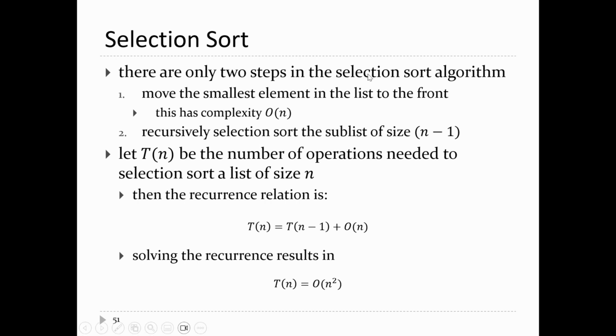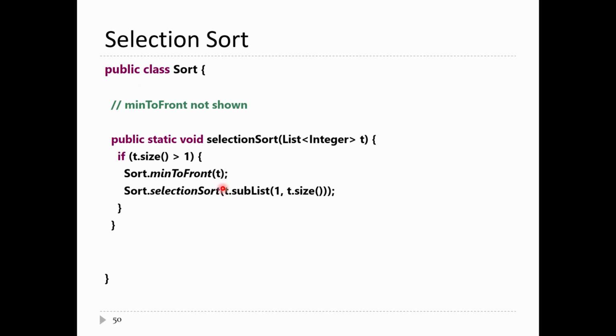And so if you want to analyze selection sort, one way that you can do it is the following. If you look at selection sort, there's only 2 lines of code, really. Checking if the size of the list is bigger than 1, you can just ignore that for the purposes of computational complexity.